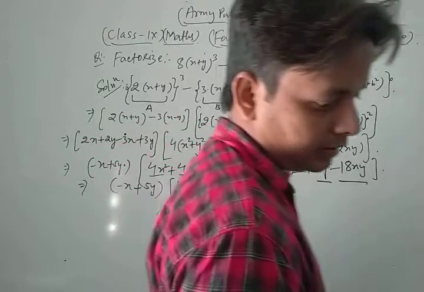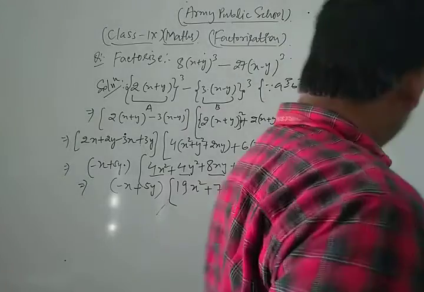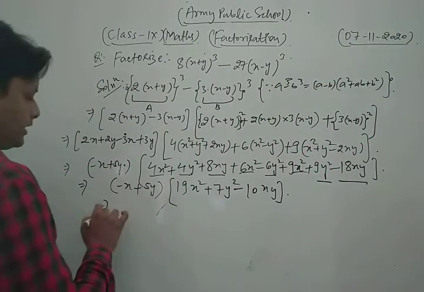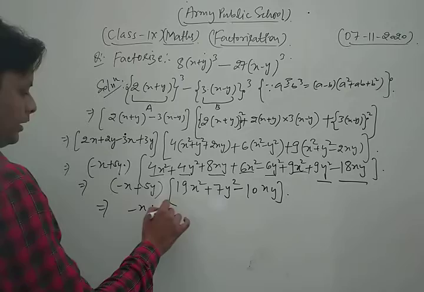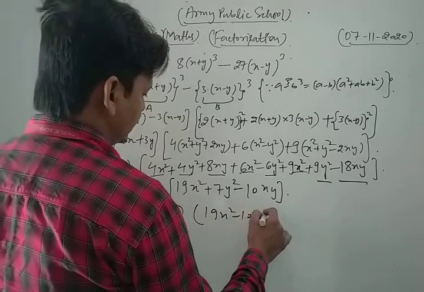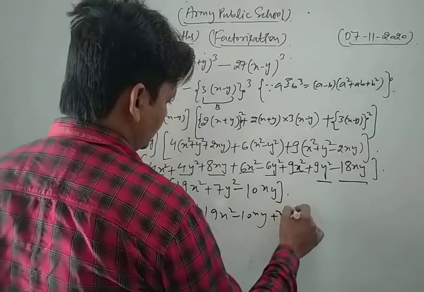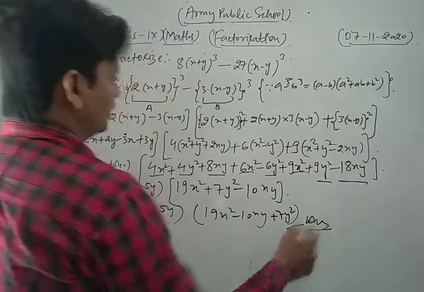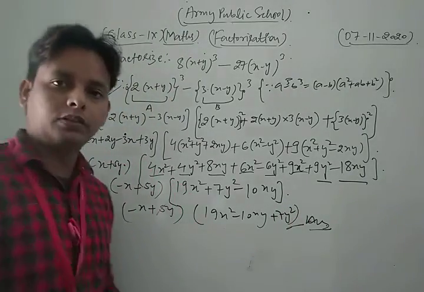Now let's see its answer. Yes, right, this is the right result. The required answer is minus x plus 5y in another bracket, 19x square minus 10xy plus 7y square. This is our required solution of the given question.